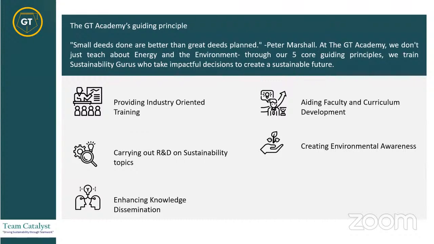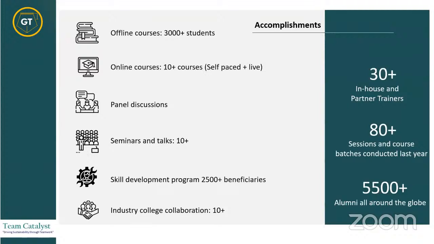What we provide is training modules, either from GT Academy experts or with those we collaborate with. We focus on R&D on sustainability topics, enhance knowledge through dissemination, collaborate with faculty in this field, and focus on creating environmental awareness.